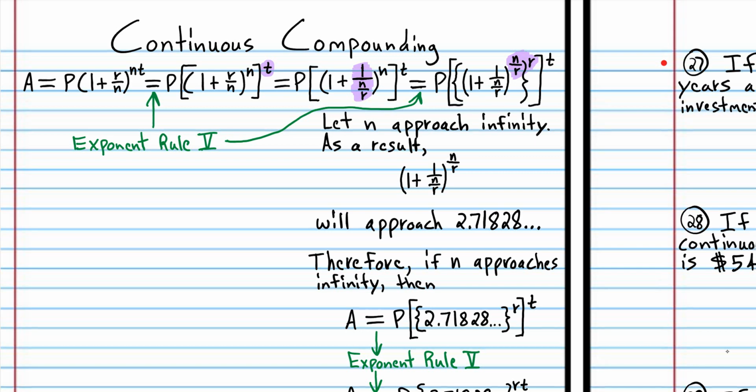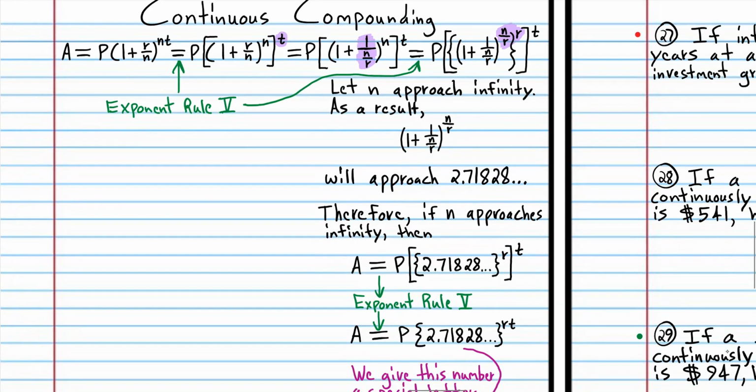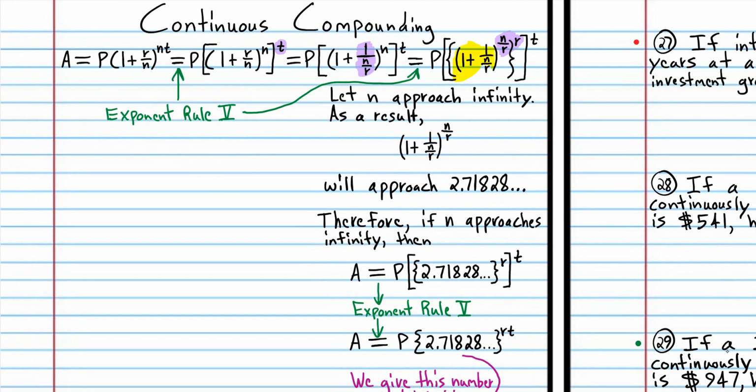So if you compound 1,000,000 times, or 1,000,000,000 times, or a quadrillion times, then for all intents and purposes, we can just say that this yellow expression just equals whatever this special number is. So we just take this yellow expression up here and turn it into that number.